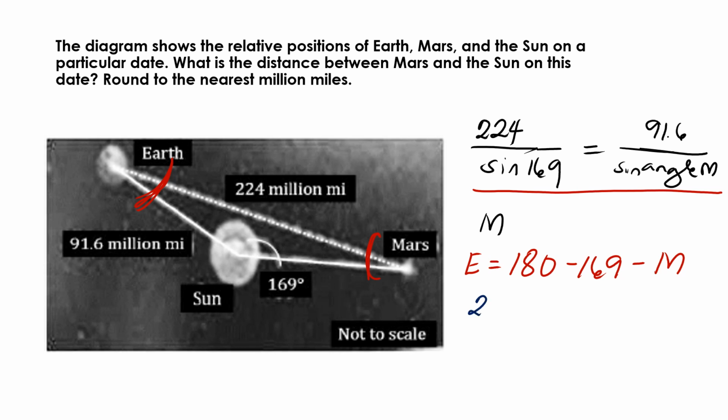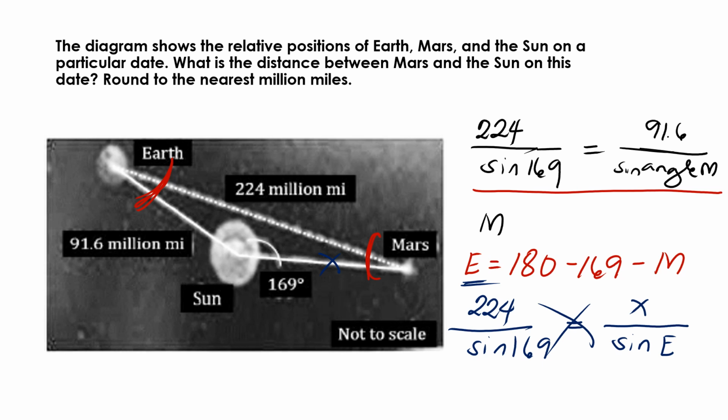You start again with your 224 over sine 169 is equal to the unknown, let's name it x, all over sine of your angle of Earth. Then cross multiply, and you can get the value of your x.